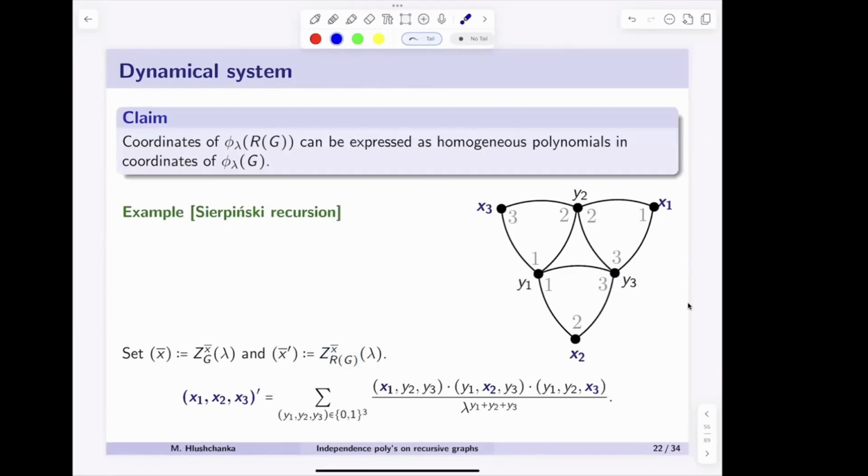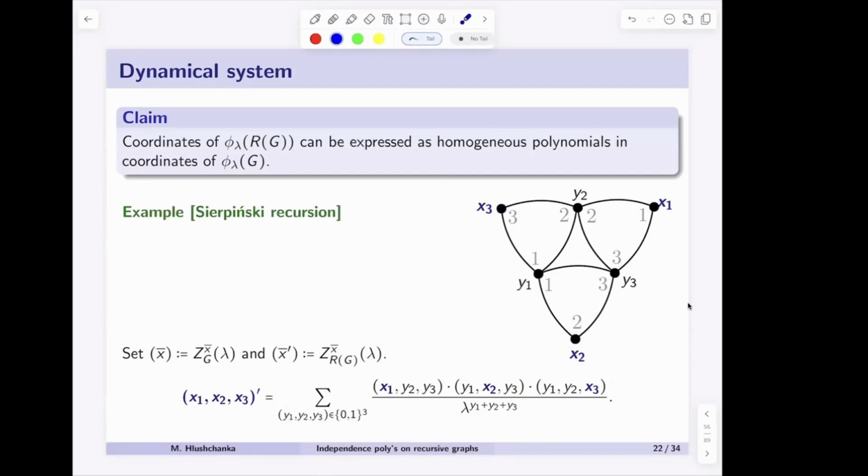Then what do I have? I have that x1, x2, x3 prime, where x1, x2, x3 are labels, is the assignment to my labeled vertices of the new generation. So this can be computed using the following formula.